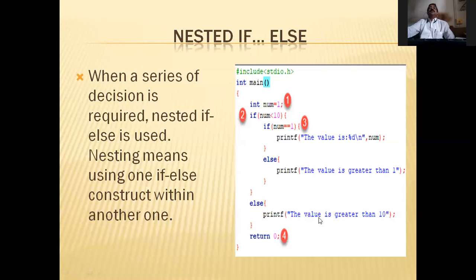This is very similar to C language, like num is equal to 1. If num is less than 10, then this if is an outer if and this if is an inner if.